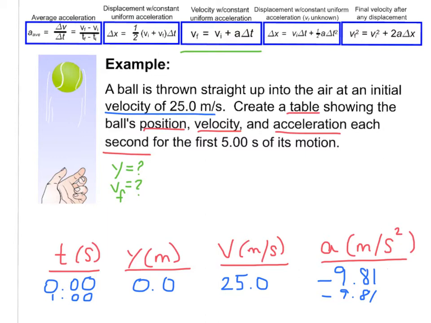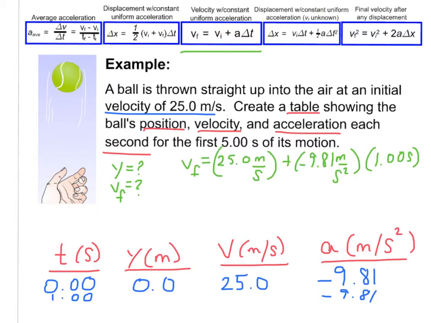because it will help me to calculate what I need to know. So when I plug those values in, I get my initial velocity, 25.0 meters per second, my acceleration due to gravity here, and my change in time from here to here is 1.00 seconds. I have one of these canceling out, so that gives me meters per second for units of that second term as well.